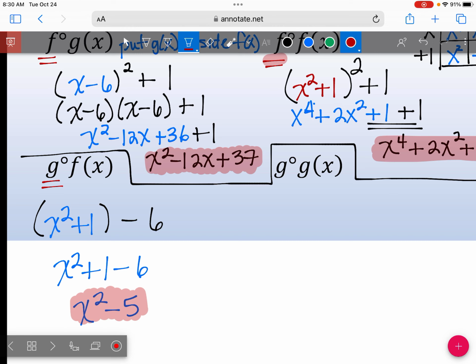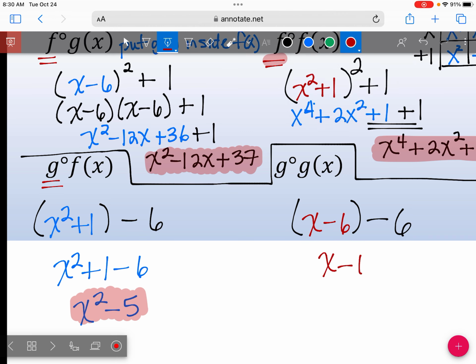When we look at g of g of x, my g function, again, says parentheses minus 6. And now inside of the parentheses, we're going to put the same function, which is x minus 6.